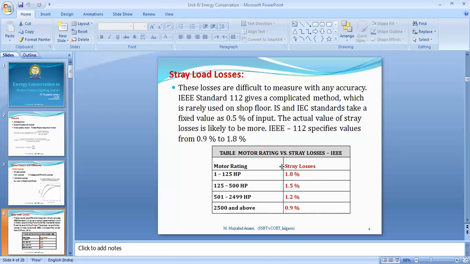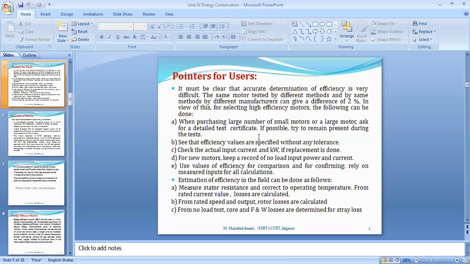So these losses matter when we are going to purchase motors, especially a large number of motors for the industry, during installation. We should see whether the machine's specification complies with the IEEE standard or IEC standard.